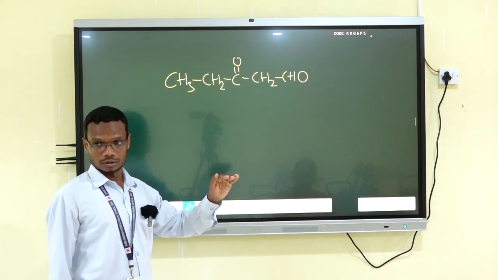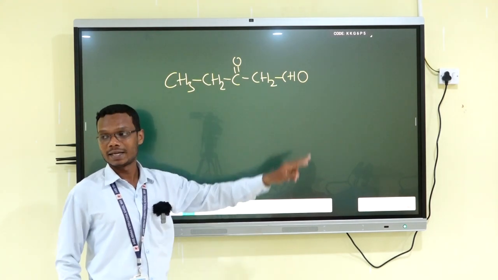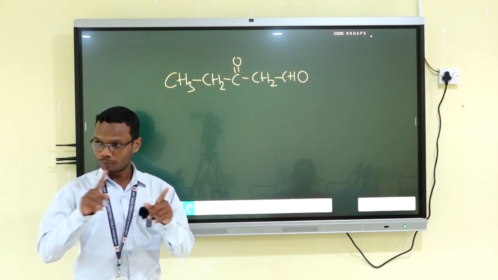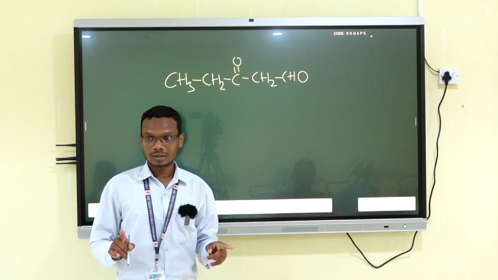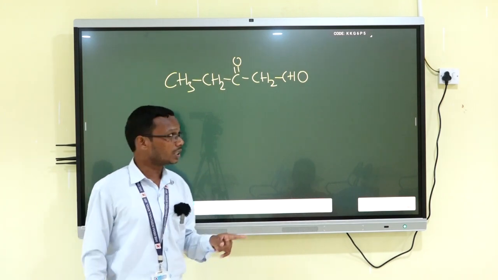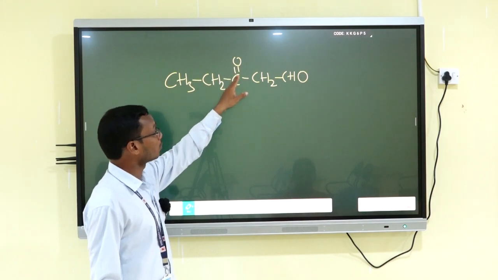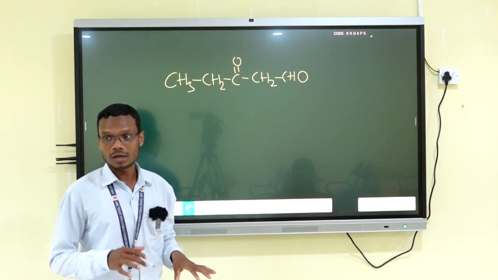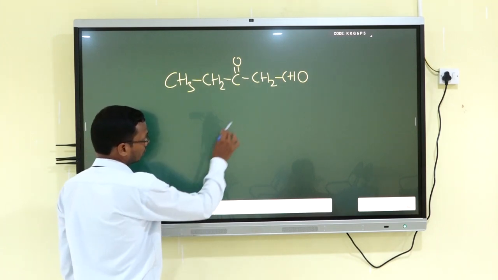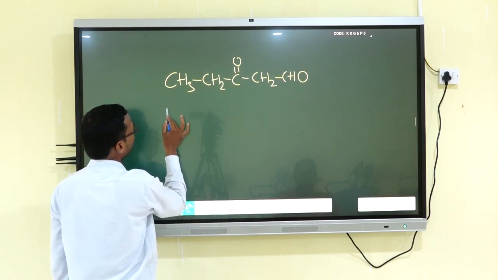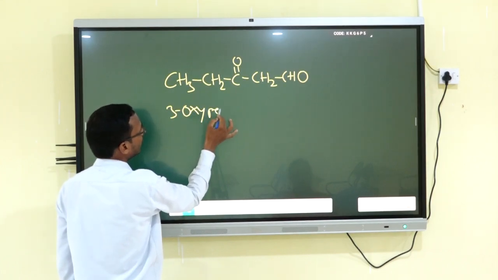In the order of preference, first comes aldehyde. If in a simple carbon chain there are both aldehyde and ketone, then the compound is named as aldehyde. And this CO group is taken as oxo. Okay. So the name of this compound is 1, 2, 3, 3-oxo pentanal.